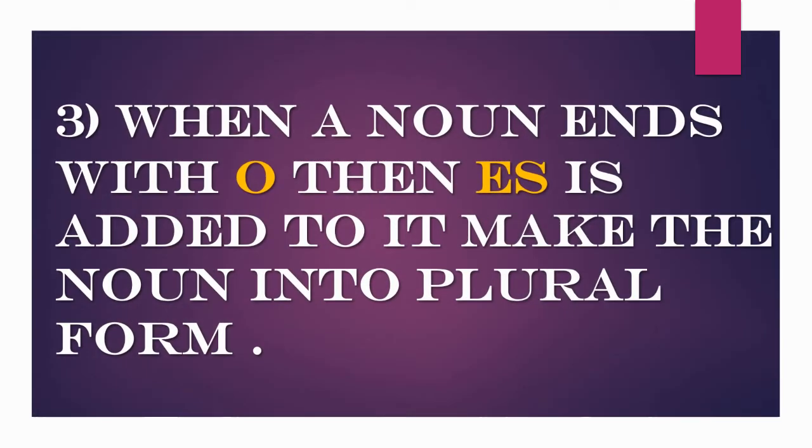Now rule number 3. When a noun ends with o, then es is added to it to make the noun into plural form.